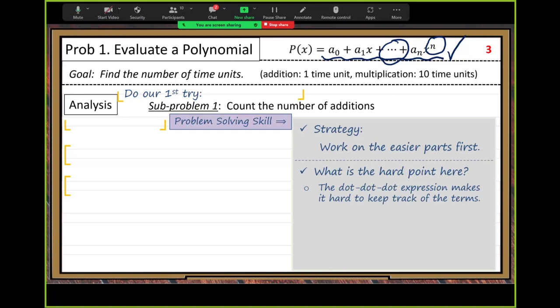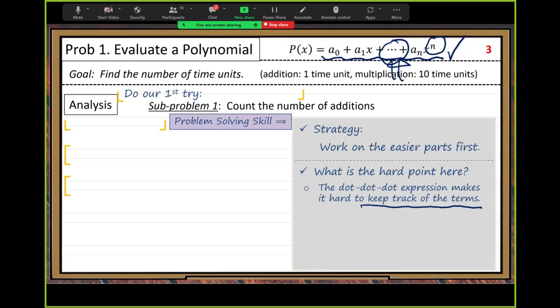But if we skip so many terms, how do we keep track of them? We get lost. That's probably why, when I asked how many additions, most of you did not feel confident to give me an answer.